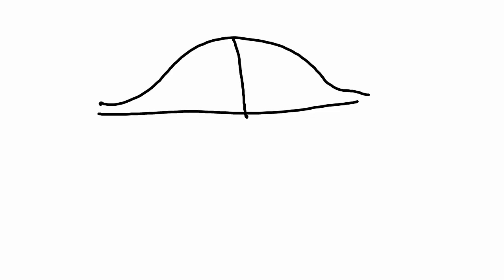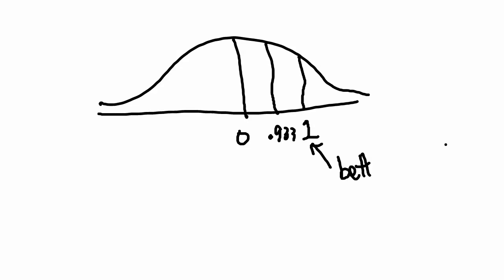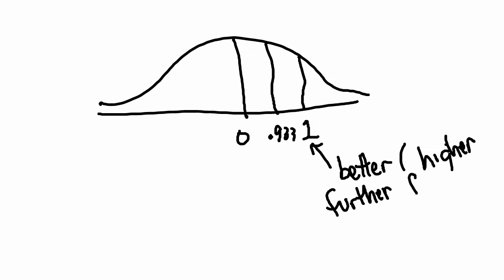Here's our standard normal curve with the mean 0. So one of our z-scores was 0.933 and the other one was 1. And so this one is better because it's further away from the mean. It's higher. So your biology test was better.